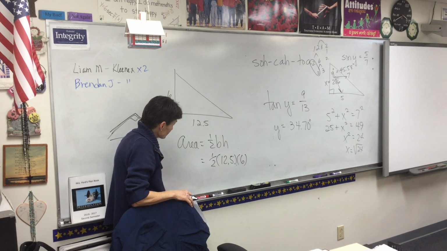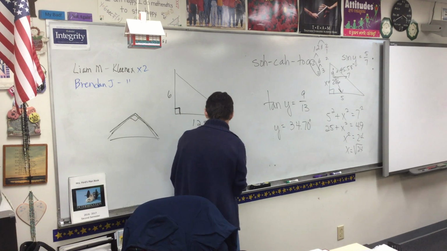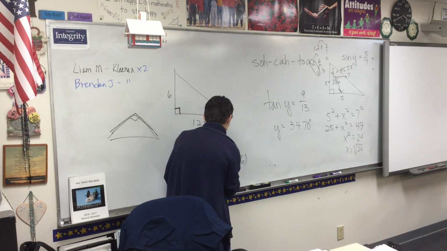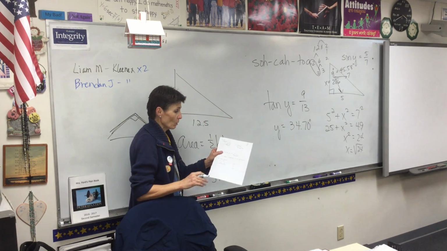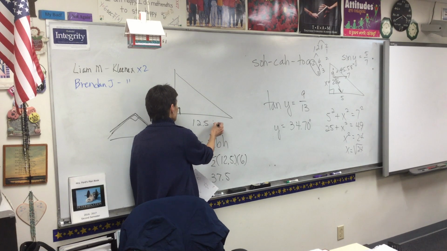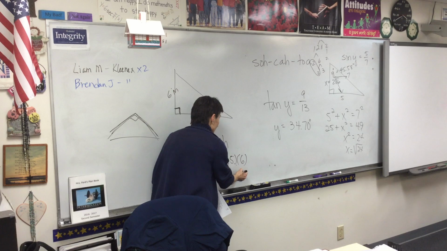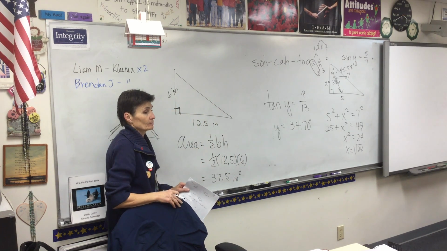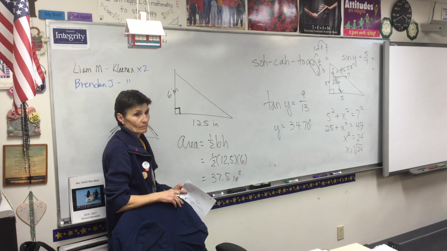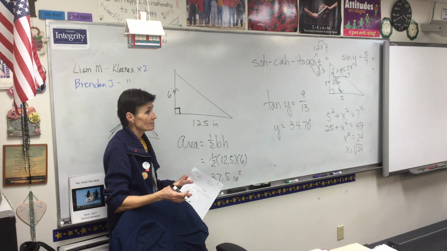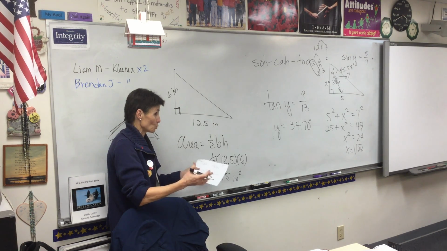So that is what, 37.5? And if we had units on here like inches, then the area would be square inches. So when we start doing word problems, if you're doing areas, it's square inches.